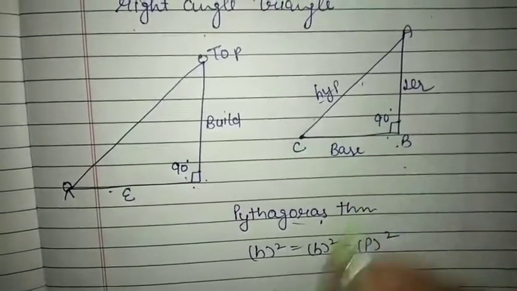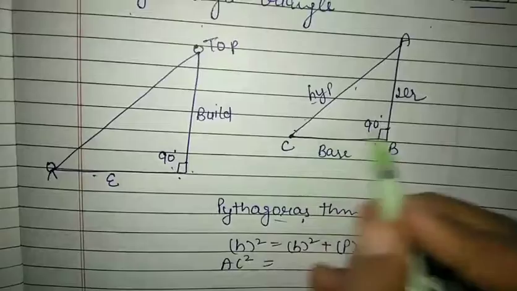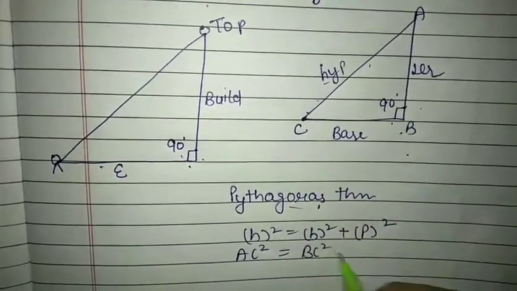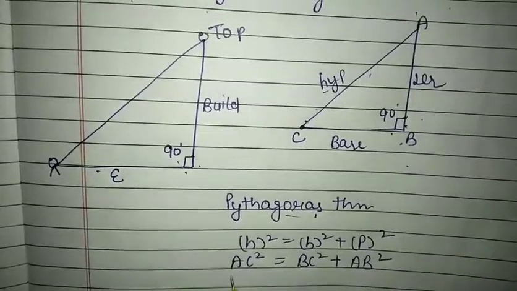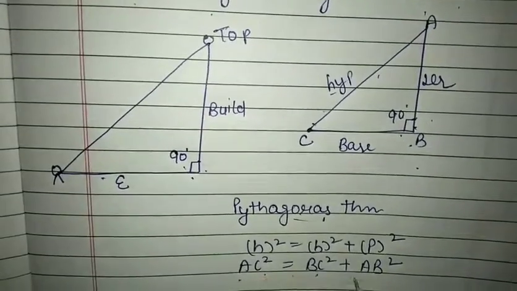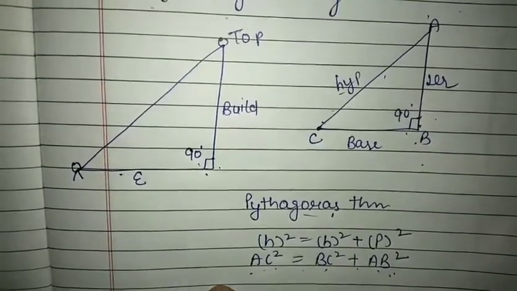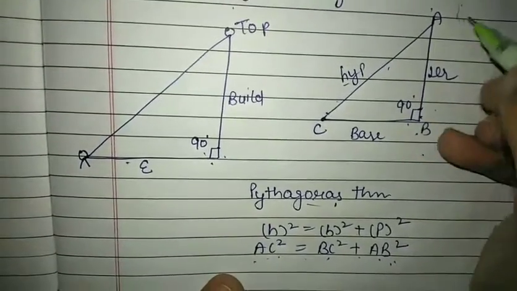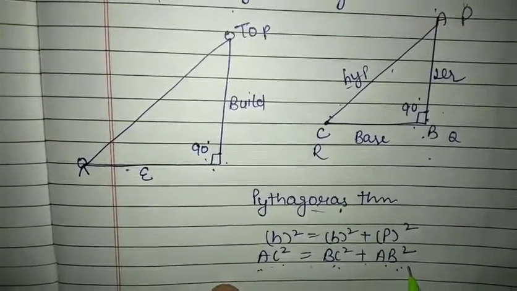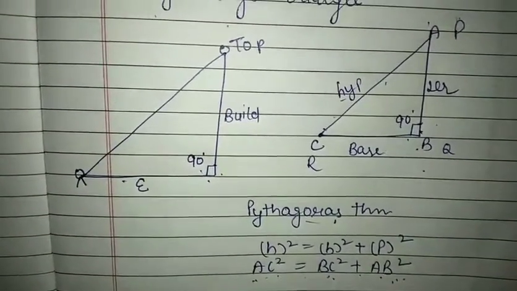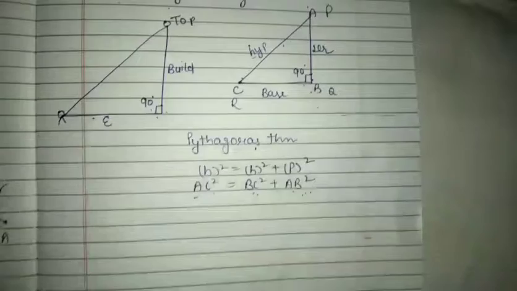In this triangle you can see hypotenuse is AC, square is equal to base BC square, plus perpendicular AB square. So this becomes AC square equals BC square plus AB square. These notations are changed according to the triangle. If we take this as PQR, then these are changed. So this is a right angle triangle, and this is Pythagoras theorem.